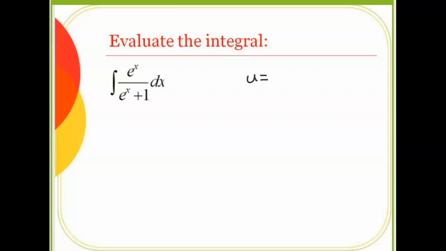So you want to make your u e to the x plus 1. And if you make your u wrong and you take du and it doesn't work, you could keep trying. But what's nice about this is the derivative of e to the x is, yeah, so then now it's e to the x dx, which is this stuff up here. And then that's my u, so everything's gone.